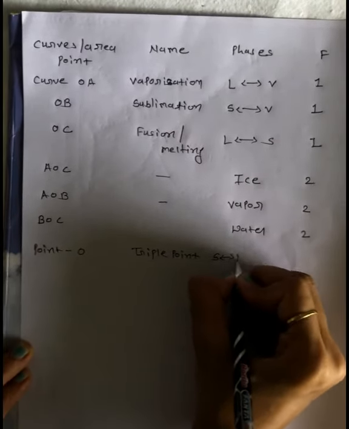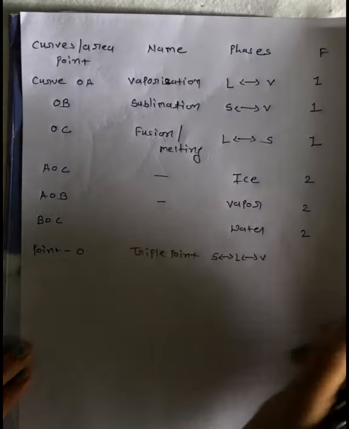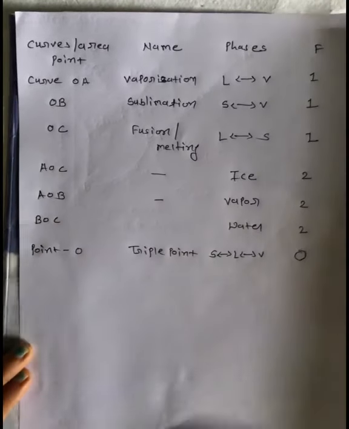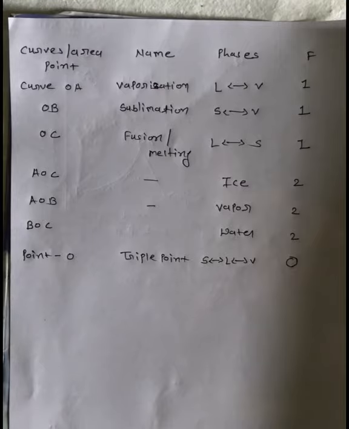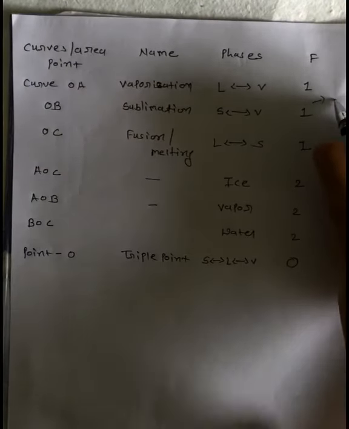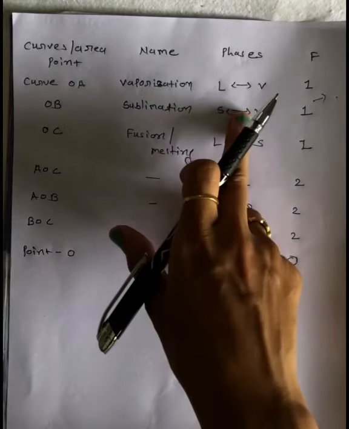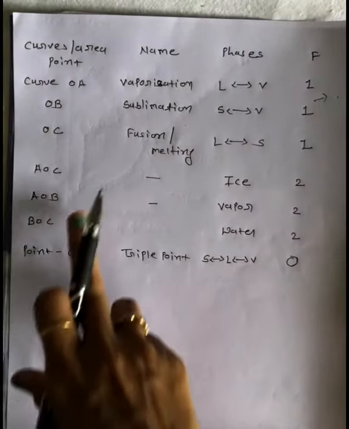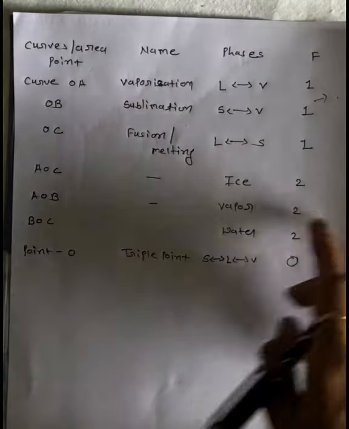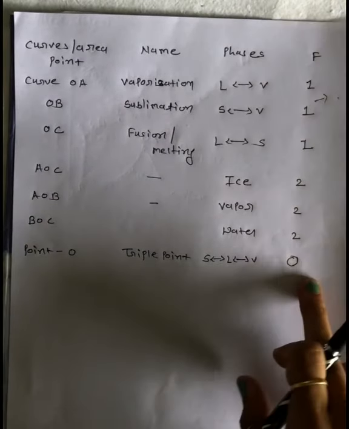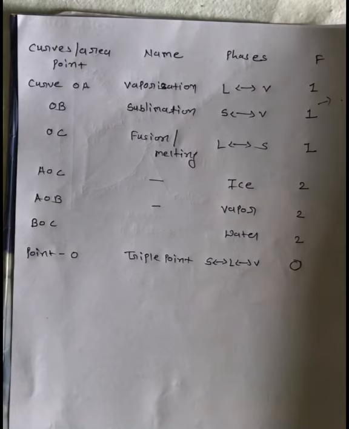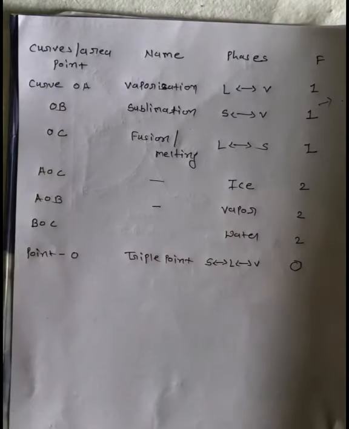Here solid exists, liquid exists and vapor exists. 3 phases exist, so degree of freedom is 0. So curves represent a univariant system. Areas represent a bivariant system, and the triple point represents a zero-variant system. So for a curve, you can fix either pressure or temperature, for areas you have to fix 2, and for the triple point this system is already at an equilibrium point, right? Thank you.